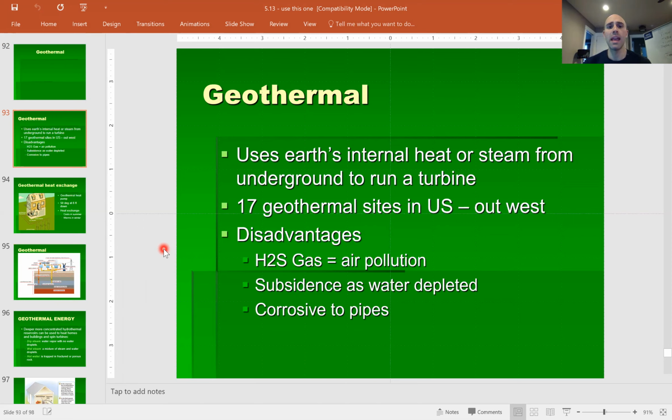Disadvantages would be H2S gas, hydrogen sulfide, air pollution. We get that from the release when we agitate the earth, as well as the types of chemicals that are being used. Water is depleted because we're using a high degree of water in this, and it's also very corrosive to the pipes because of the chemicals that we are using.